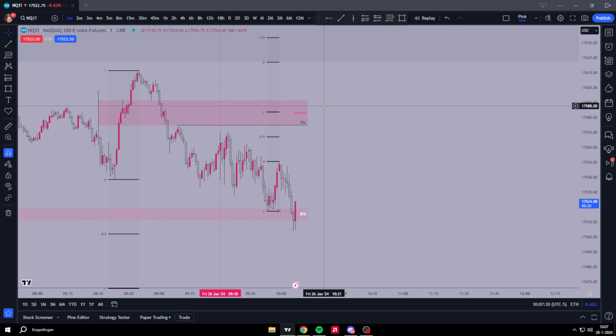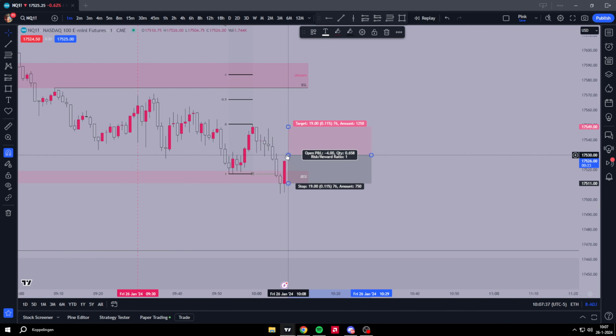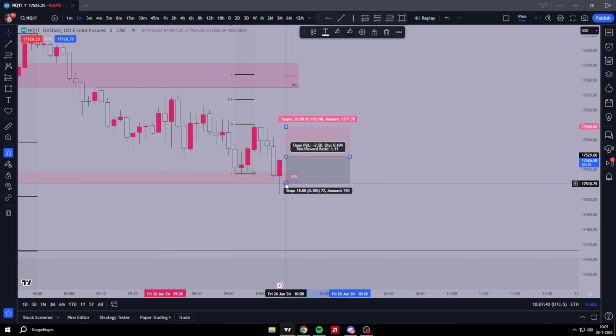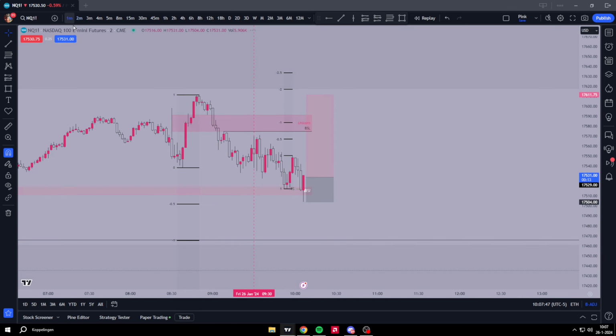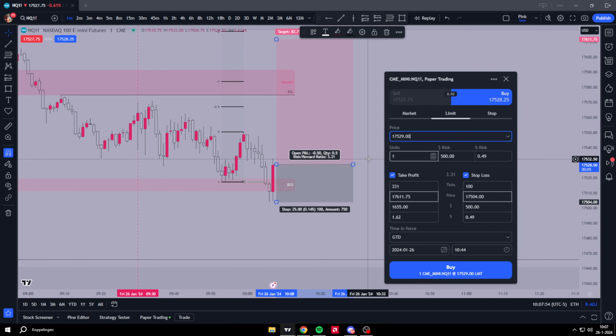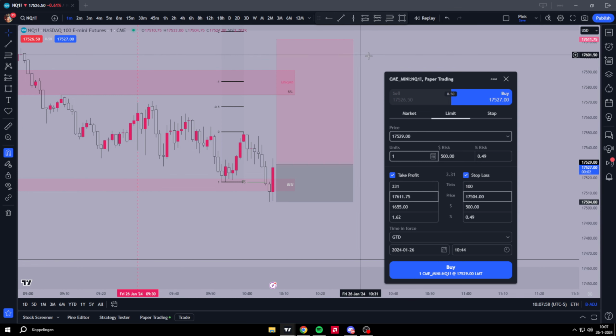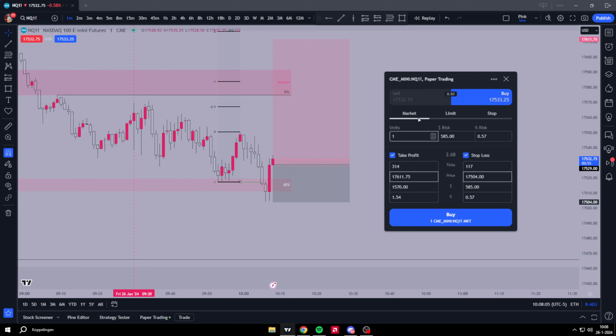That looks good. Alright, let's wait. Probably will enter on a singular fair value gap.